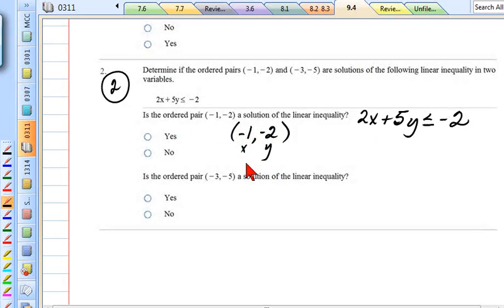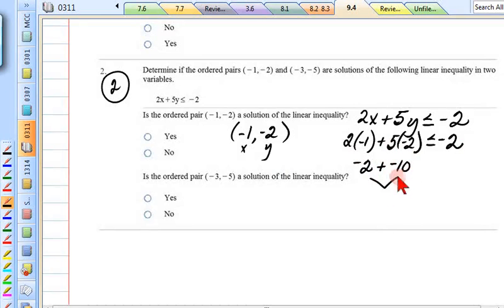Plugging those values in, that's 2 times -1 plus 5 times -2, supposed to be less than or equal to -2. Let's see. 2 times -1 is -2. 5 times -2 is -10. Combine those for -12. Do y'all agree that the left-hand side's value is -12?